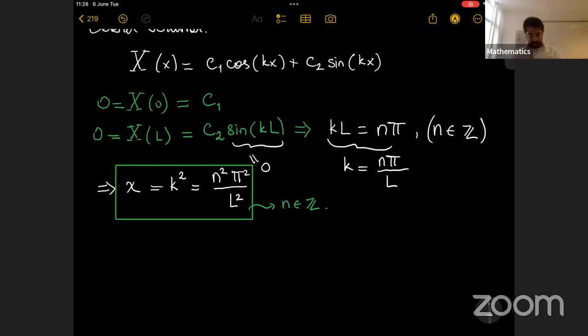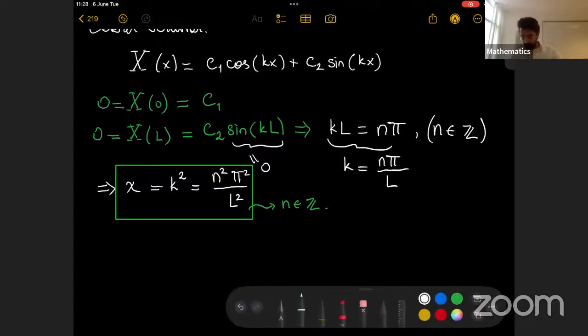Well, you can consider positive n's because we have n squared. When n is negative, you will get the same, right? So let's see what we get from this.